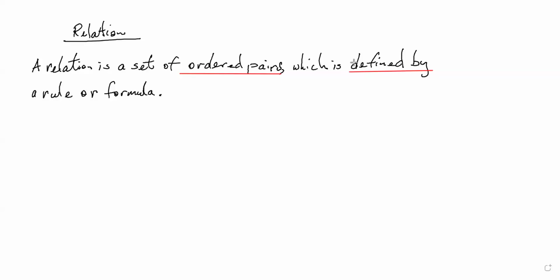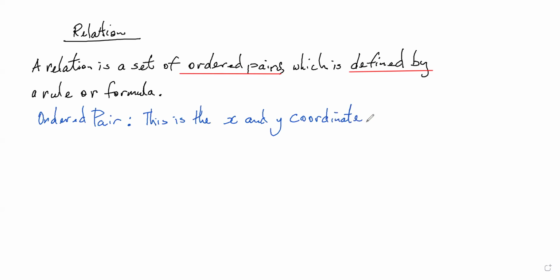So when we talk about ordered pair, we are talking about your X and Y coordinates.